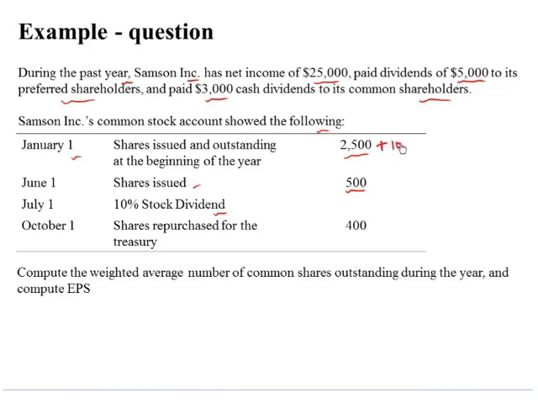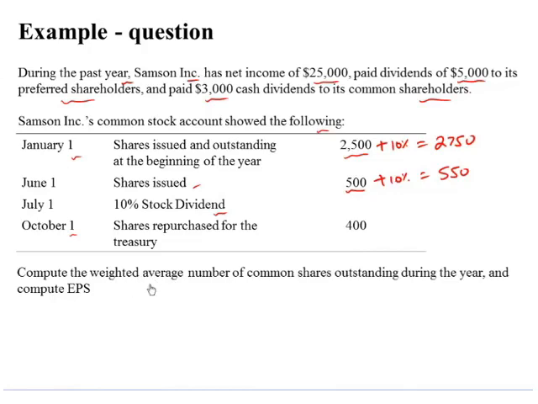We would use 2,500 plus 10%, that is 2,750 shares, or 500 plus 10%, that is 550 shares, for the same reason explained in the previous slide, that instantly the stock price, EPS, and all similar parameters would adjust to the extent of 10%. On October 1st, what was repurchased now were the new shares. So 400 shares were extinguished, that is repurchased by the treasury.